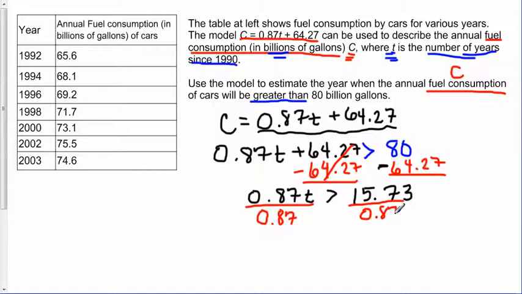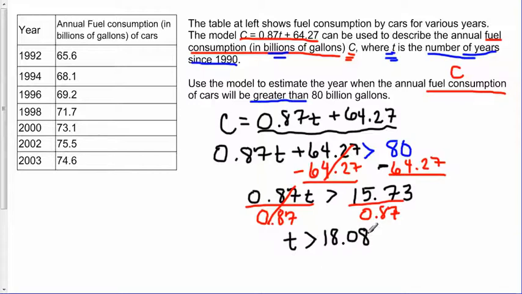When we do our dividing here, we're going to find that this doesn't come out nice and tidy, but since all of my other values were to 2 decimal places, I'm going to round my answer to 2 decimal places as well. We're finding that T is greater than 18.08. So that's rounded to the hundredths place.